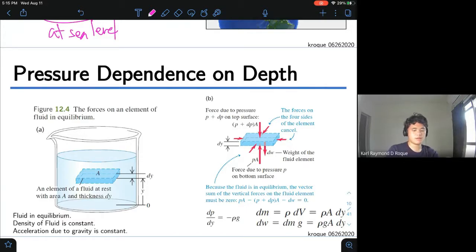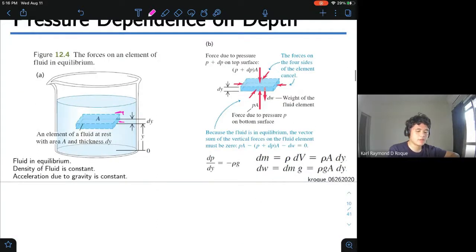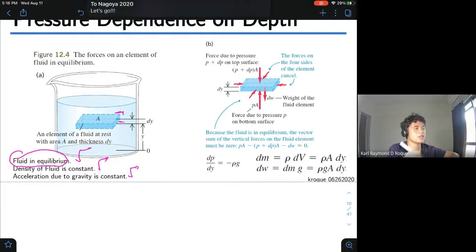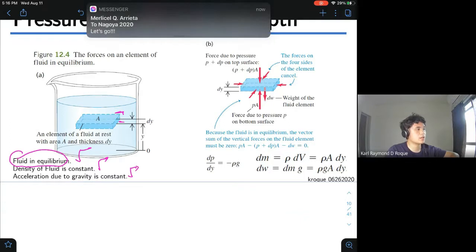So we can derive a relationship between the pressure here and here. To do that, assume the fluid is in equilibrium. Next, the density of the fluid is constant, and g is constant. Then we take a small element.